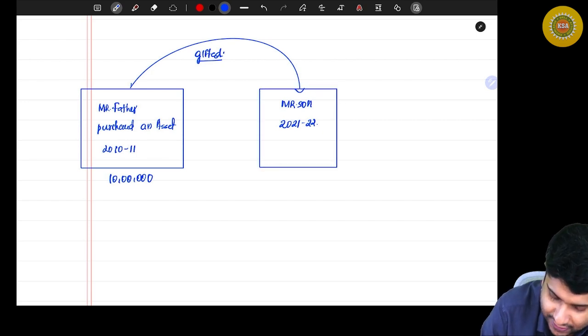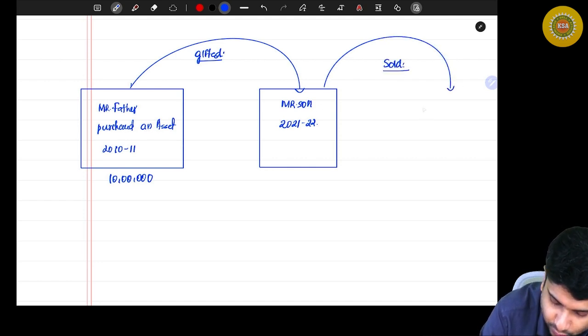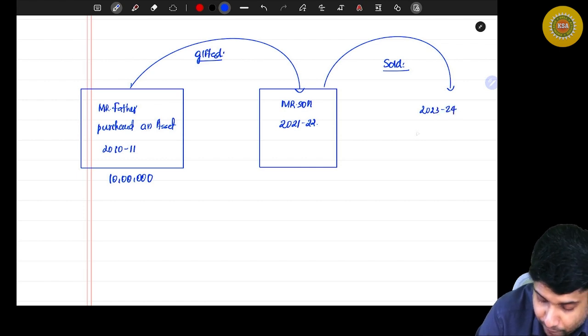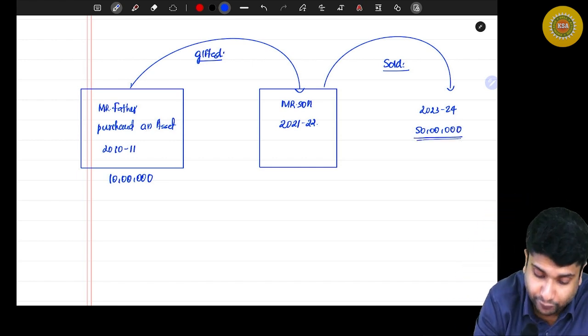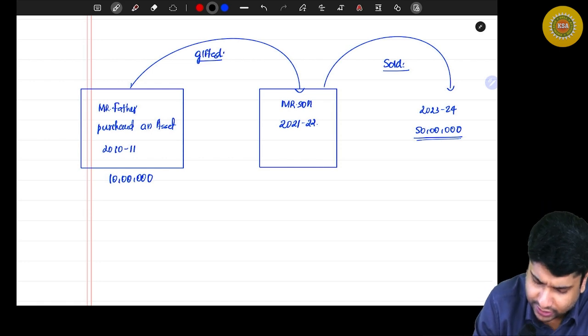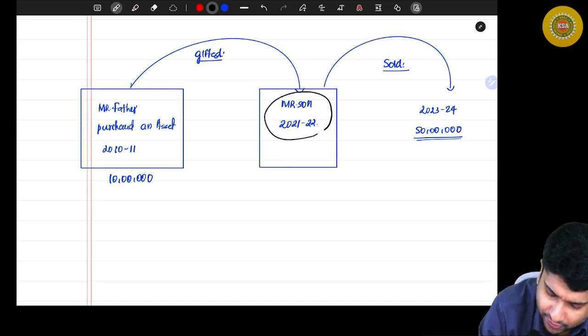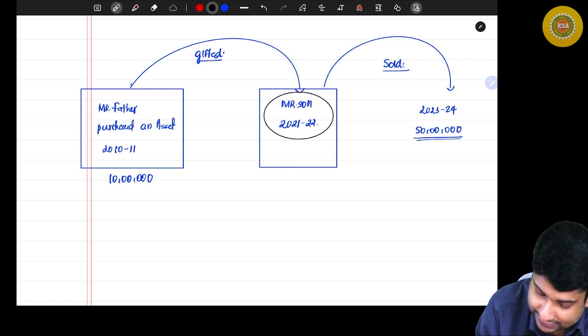Then what did Mr. Son do? Mr. Son sold that particular asset in 2023-2024 for a value of 50 lakhs. Sales value was 50 lakhs. While computing capital gain, which all are the things that you have to be careful about? Who is the transferor in this example? Son is the transferor.